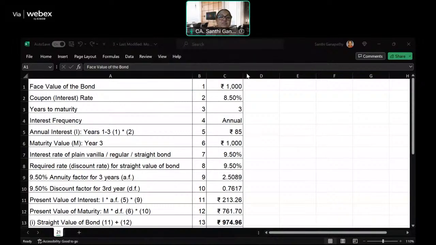I know the face value of the bond, the coupon rate, the years to maturity, the interest frequency. I'll find the annual interest and the maturity value. Then the interest rate: this would be the required rate because you want to find the straight value of the bond. So what is the annuity factor, the discount factor, the present value of interest, the present value of maturity, and the total value.